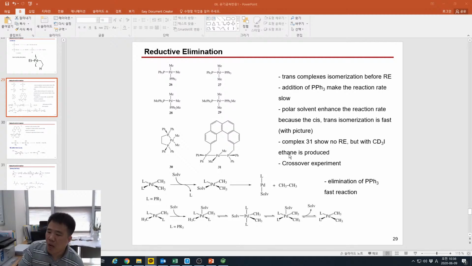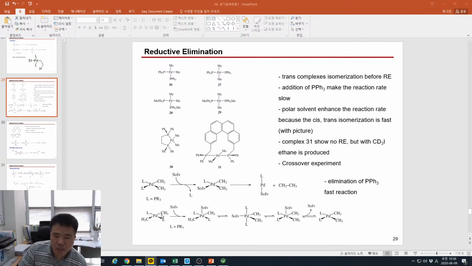Probably the CD3I generates cis position of methyl methyl group. How? I'm sorry. In this case, if you add a solvent, it will add to the palladium. So reductive elimination is faster.